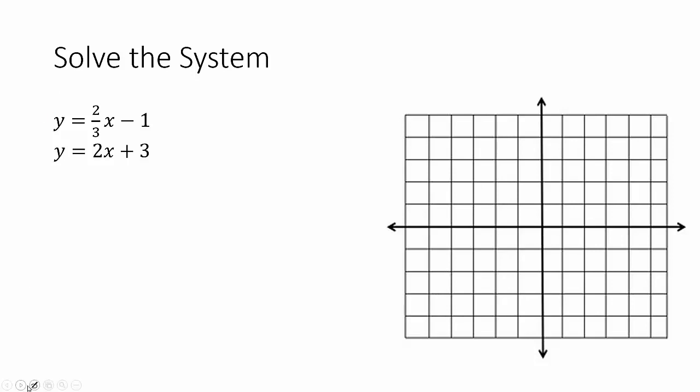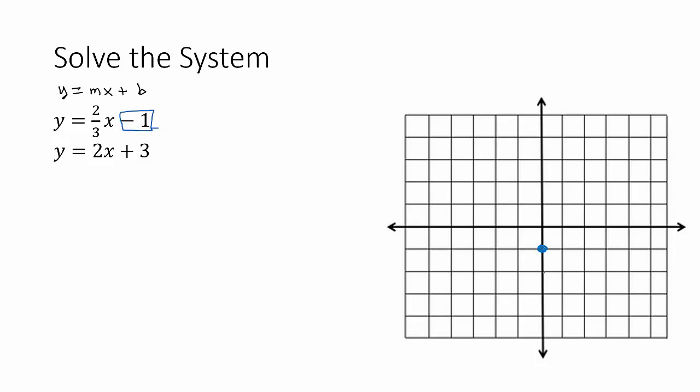Now what's nice is we know that y equals mx plus b is the way we graph all lines. So let's take a look at this first line. I'm going to graph this first line in blue. B, the y-intercept, we're starting at -1.